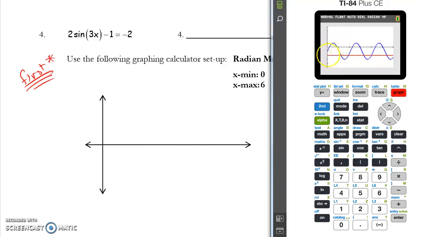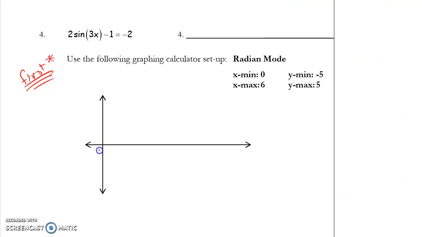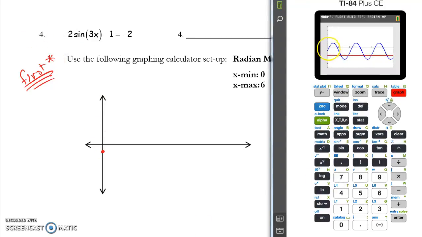Okay. What I do from here, other than sketch this, and so here's how I sketch this, I see that it starts a little bit below my x-axis. So I'll put my starting point on here a little bit below the x-axis, and then you identify how many minimums and maximums. I have one maximum here, another maximum, another maximum.